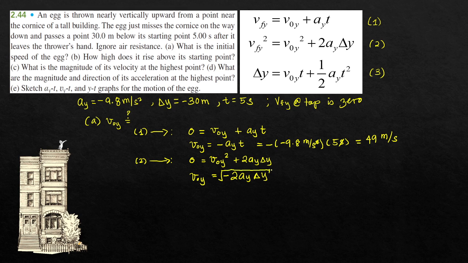Now if we plug in the values, we could see that this expression would give us a negative square root, which is negative 588.